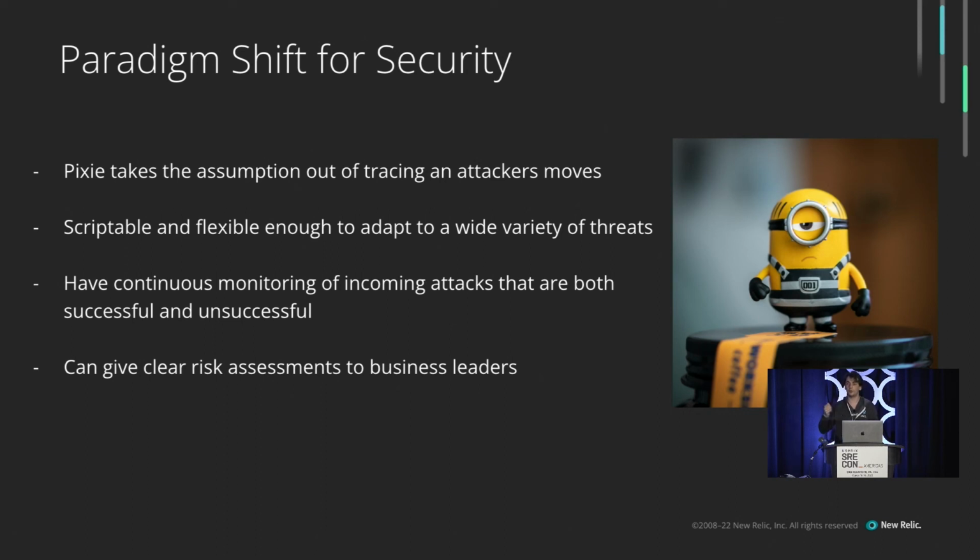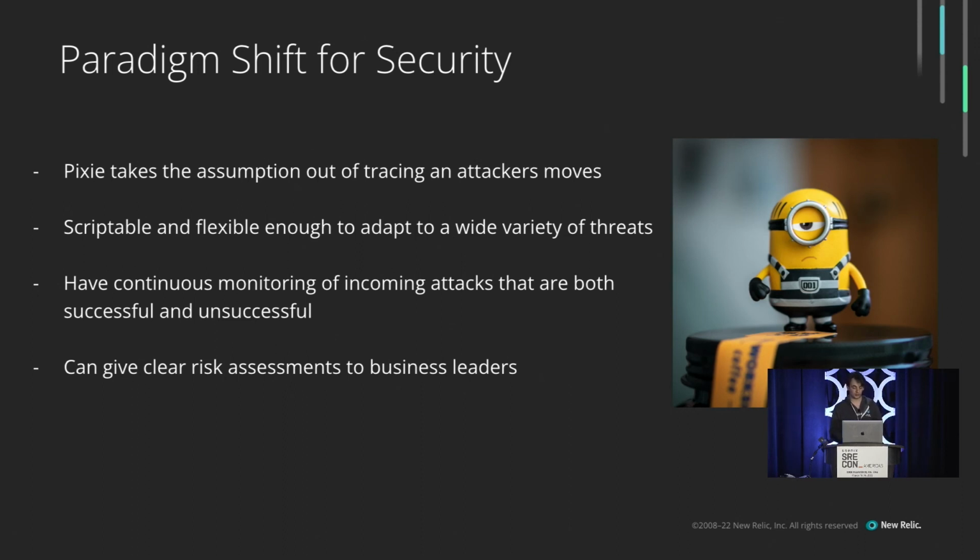And that'll point you to maybe we should put a higher priority for security work on those areas that are quite popular. And when you take the assumptions out and you're able to know what is successful, what is unsuccessful, you can give a clear risk assessment to your leadership and say, hey, we know for a fact that we were unaffected because we have all this supporting data, or you have this supporting data to say the opposite.